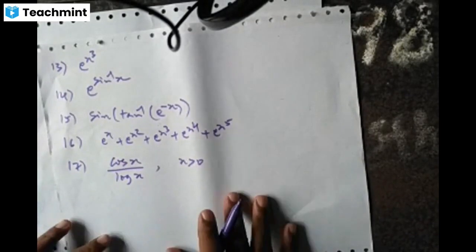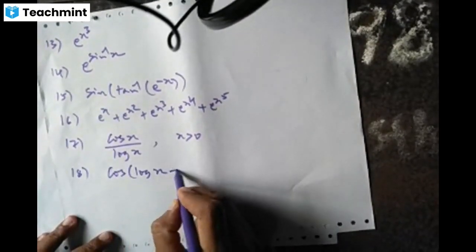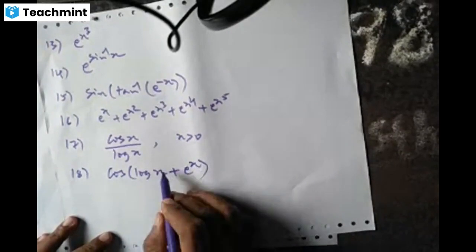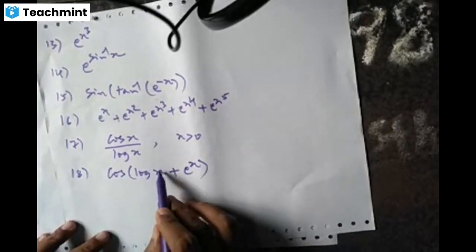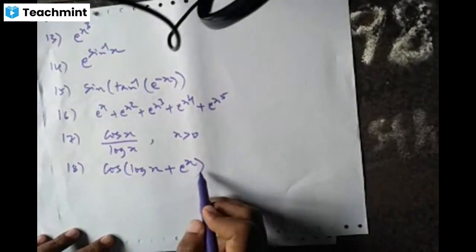Next, 18th one, cos of log x plus e power x. See, when I write log x, it means it is log x to the base e.